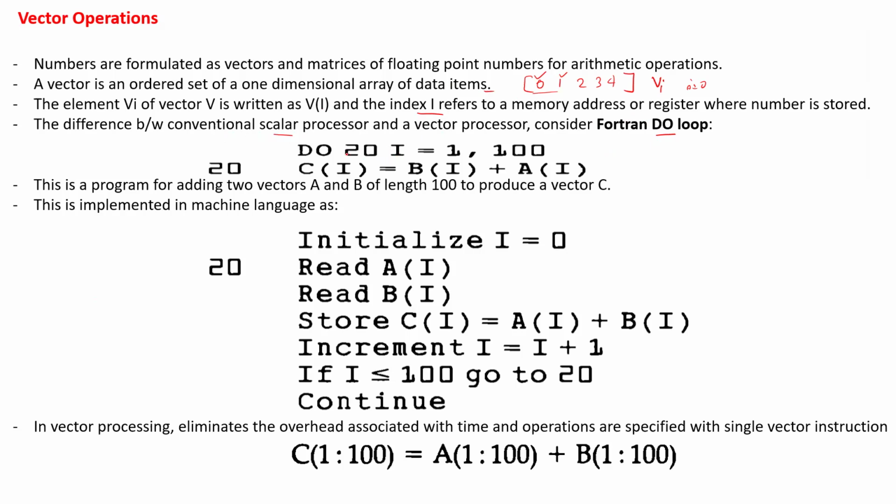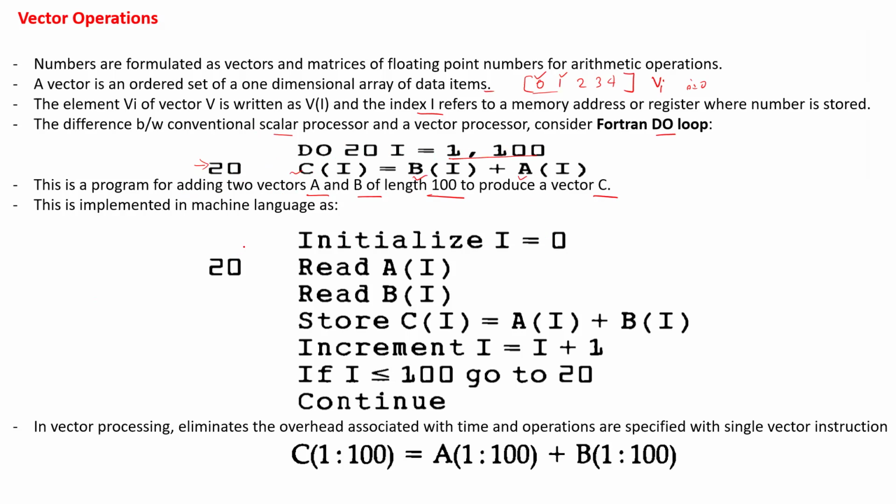At the do 20 I, the indexing of the vector length is 100, given from 1 to 100, and there are two vectors, B and A. The corresponding position of each vector is added and stored in C. Again, they increment I, and again increment I, and this process is repeated with the help of this loop 20. So this program adds two vectors A and B, length is 100, and the output is stored in C.